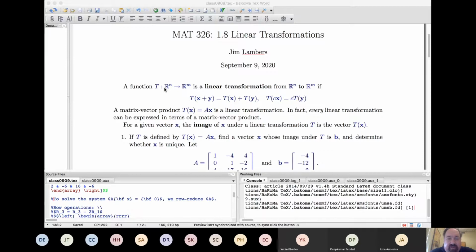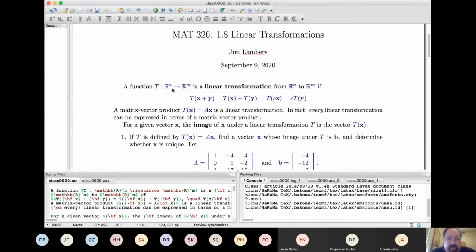A function that takes this vector space of dimension n to this space of dimension m is linear if it satisfies these properties. When you apply the transformation to a sum, it's just the sum of the transformation applied to x and y individually.